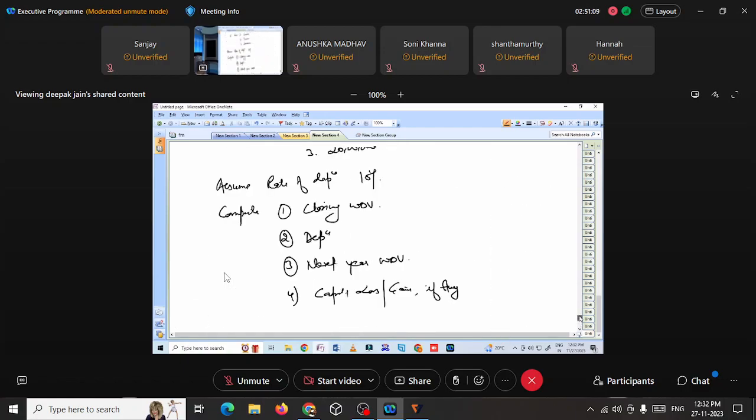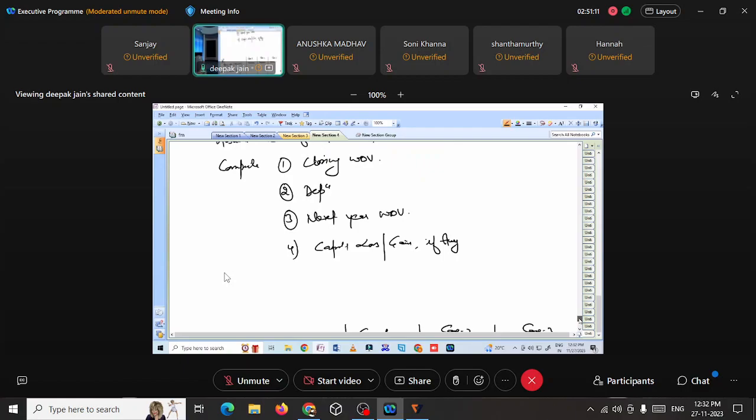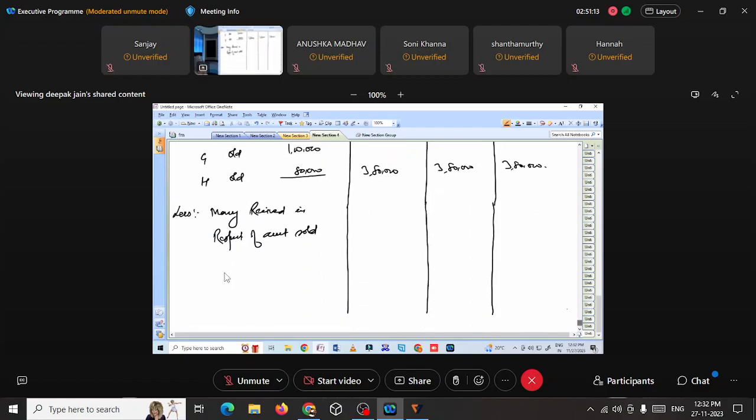So what is the money received? 3 lakh, 7 lakh, 20 lakh. The balancing figure is known as closing WDV.